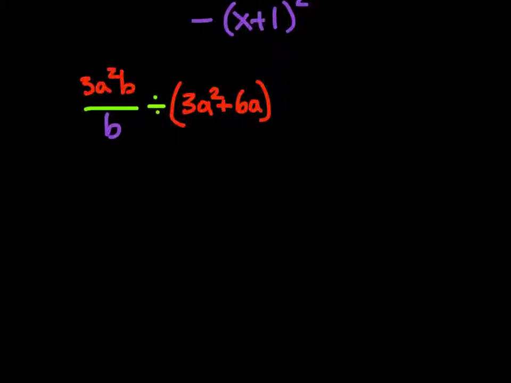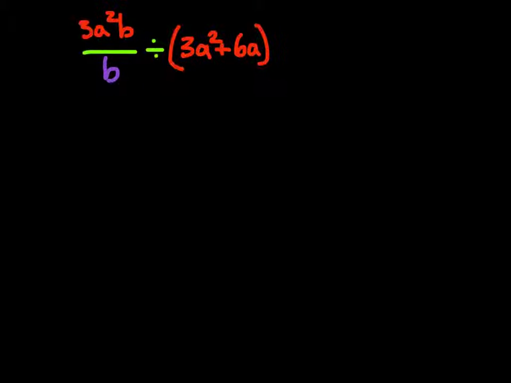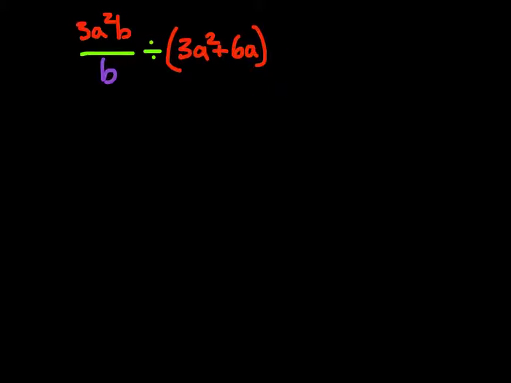Let's try another problem. We have 3a squared b over b divided by 3a squared plus 6a. Looking at this problem, I see that we have that same sort of issue that we were dealing with in the multiplication. That issue is essentially this polynomial. It's not over anything, but we can make it over something.